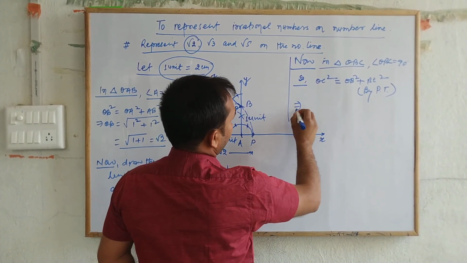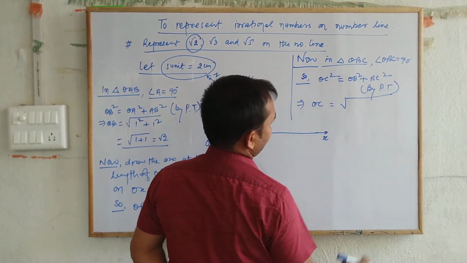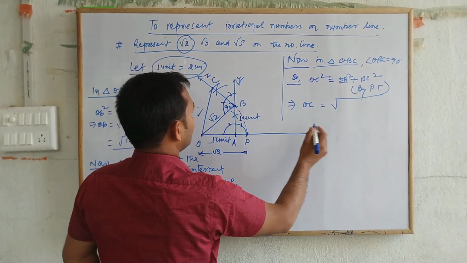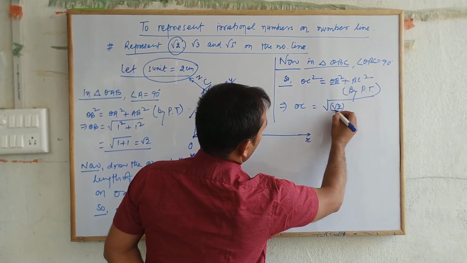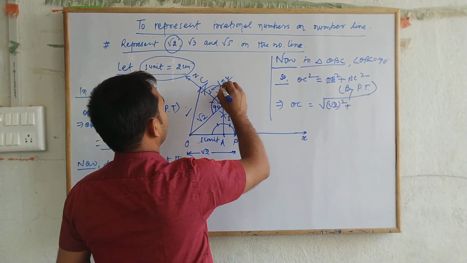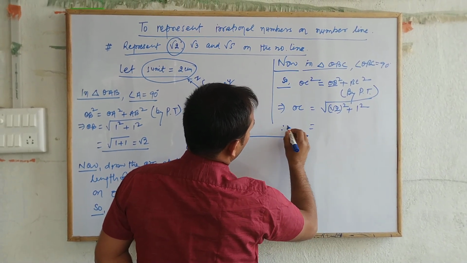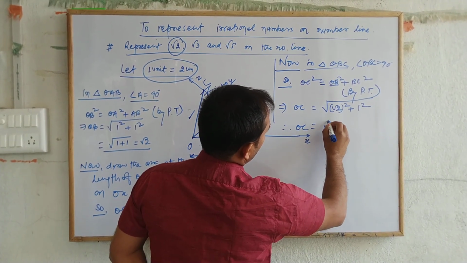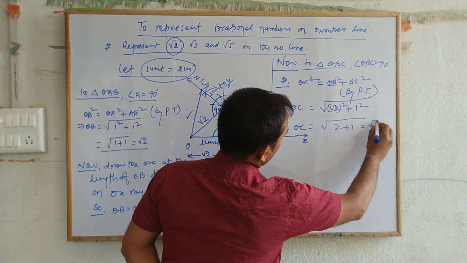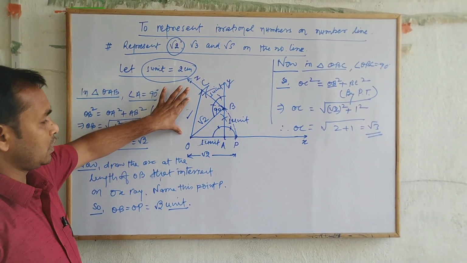Here OB is equal to root 2, so root 2 to the whole square, and this is 1 unit, so 1 square. Therefore OC is equal to root under 2 plus 1, which is equal to root 3. OC is equal to root 3.